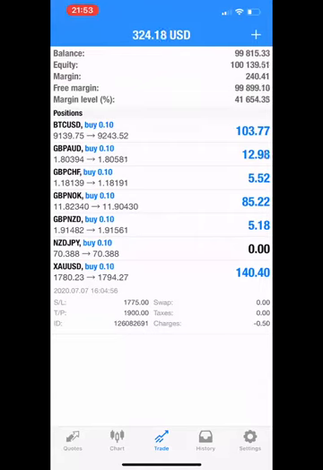How do you see this? Your entry point is the number underneath your currency pair. So where it says XAU USD, there is a number underneath it. The first number underneath it is telling me where I entered my trade. The arrow next to it is telling me where my trade is currently at.